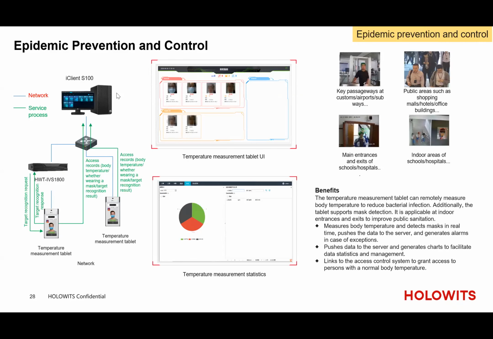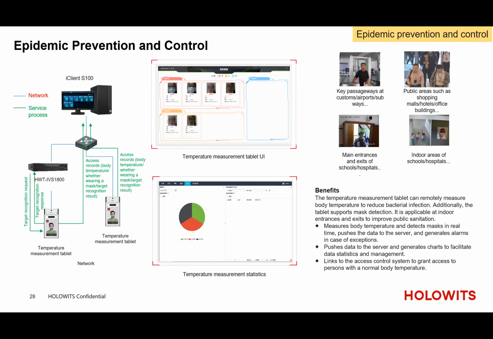The next part is about the epidemic prevention and control capability. It actually relies on temperature measurement devices. In this solution, we need to set up the temperature measuring devices at the entrance or exit. Then we can see the temperature of the people passing the checkpoint on the S100.